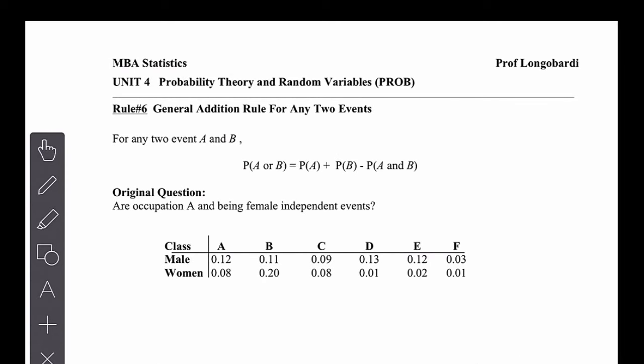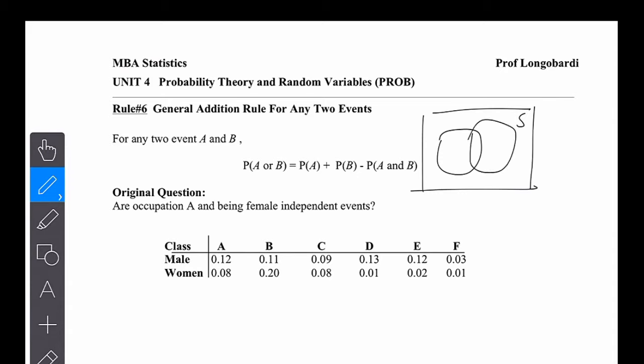And here we are, the sixth rule. The sixth rule says, if events are not disjoint, in other words, if they're overlapping, and remember that image of overlapping, so they're not disjoint.